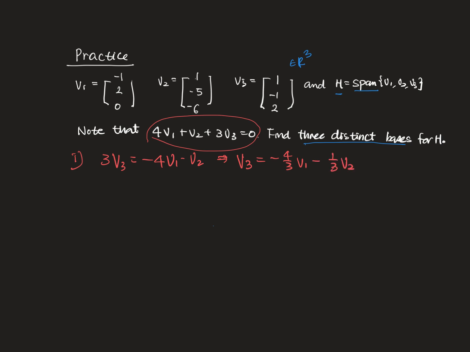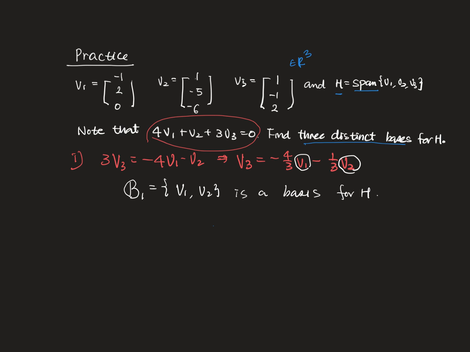What I see here is that this is a linear combination of V1, V2. So the first basis: you drop V3 because V3 is a linear combination of V1, V2. So V1, V2 is one basis for H. They are linearly independent; you can easily show it, we did that in the previous example.